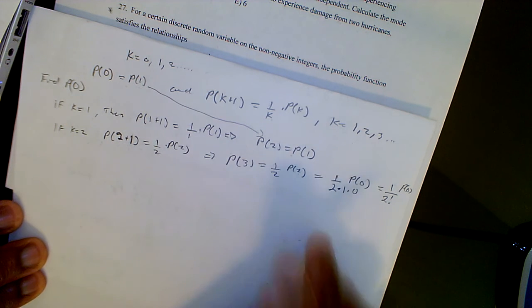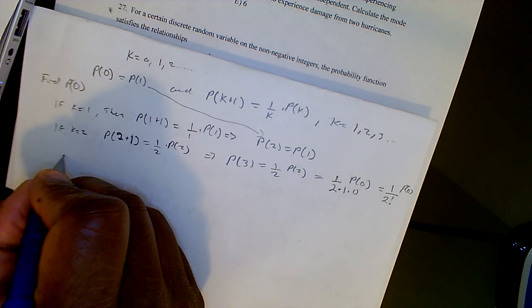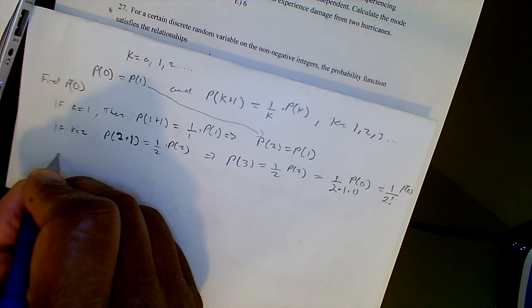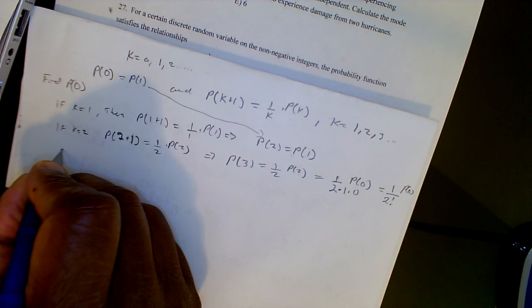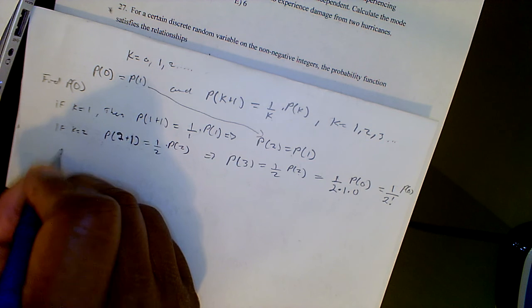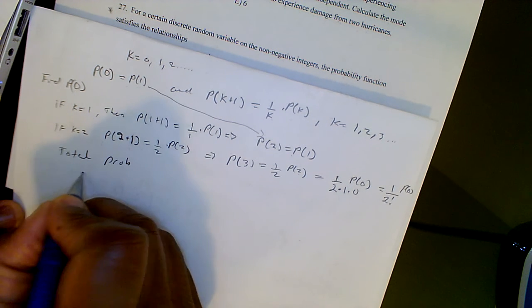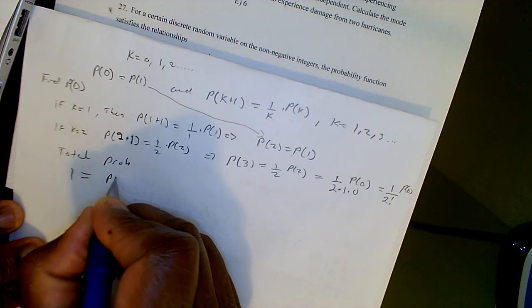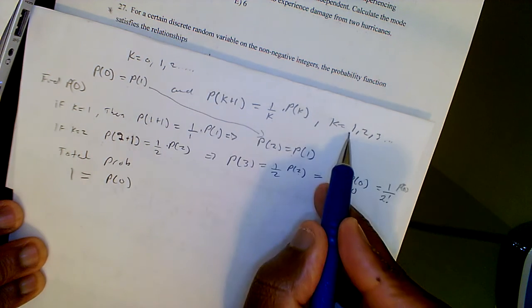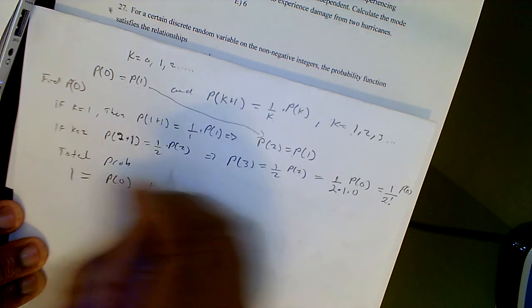So now we know that the total probability is equal to 1, and this starts at 1.